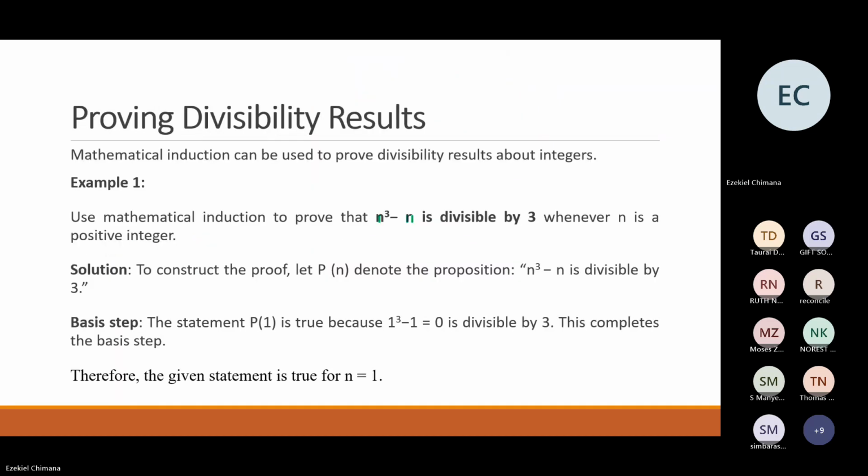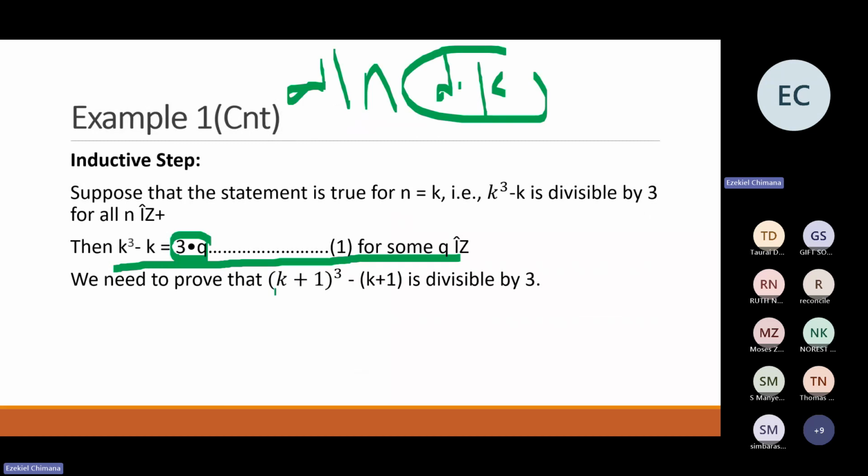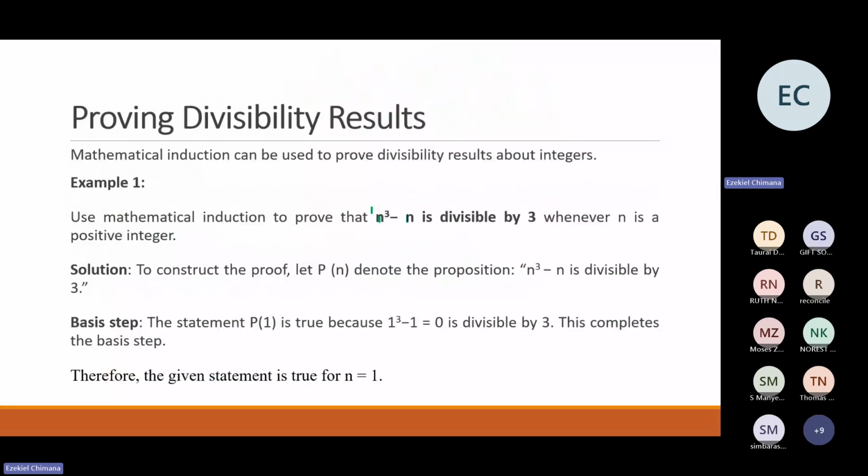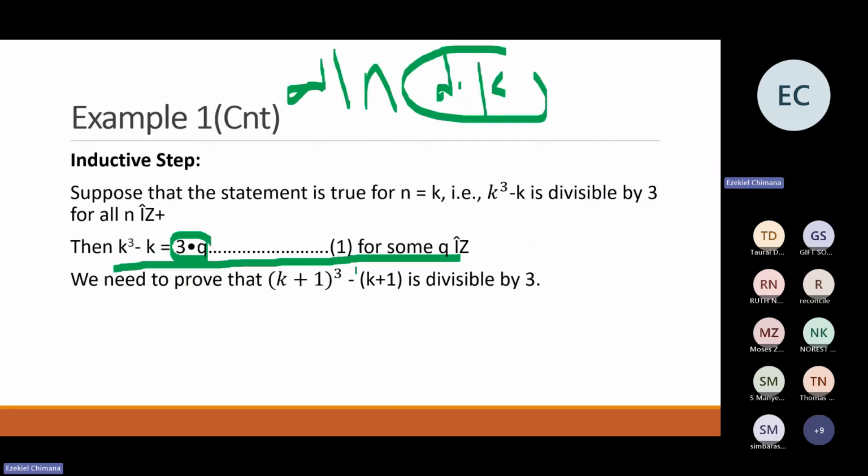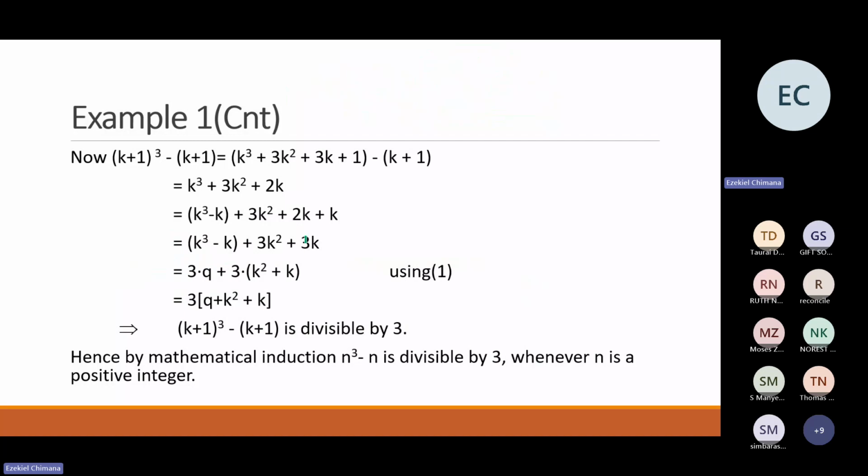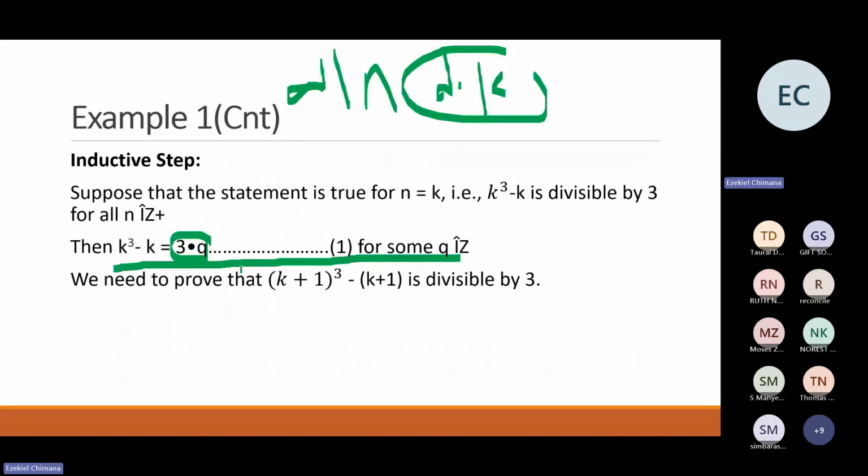We have n cubed minus n, so it is going to be k cubed minus k. So for k plus 1, you put k plus 1 in for n, which gives k plus 1 cubed minus k plus 1. And you can also claim that it is divisible by 3, and then you prove that.